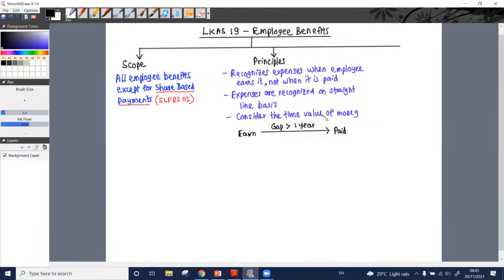We know that 1000 today is not the same as 1000 after a year. We need to consider the time value of money if there is a gap of more than 1 year between the earn date and the date of payment. So those are the three key principles addressed in LKAS 19.